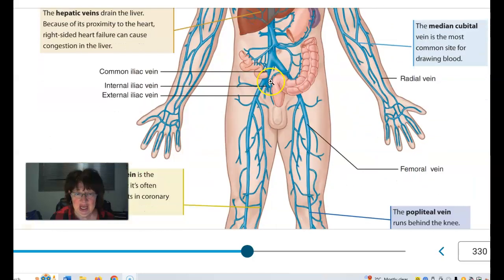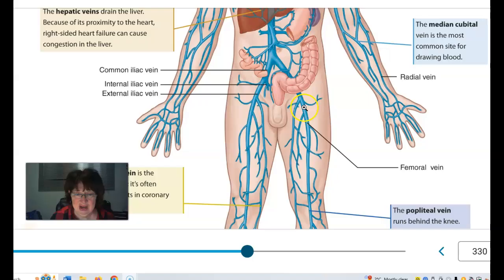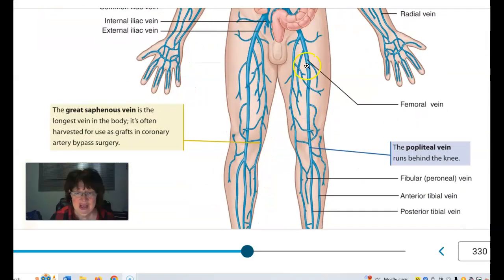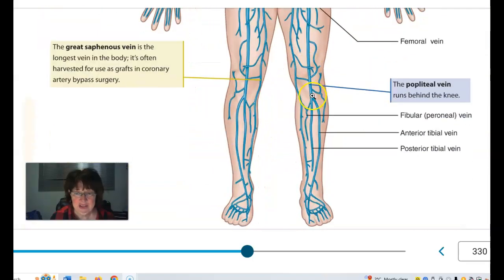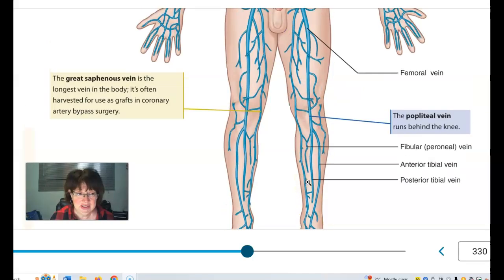If we continue down, the one over the femur is femoral, popliteal is behind the knee, fibular and tibial are below; the fibular is medial, and the anterior and posterior tibial are on the outside.